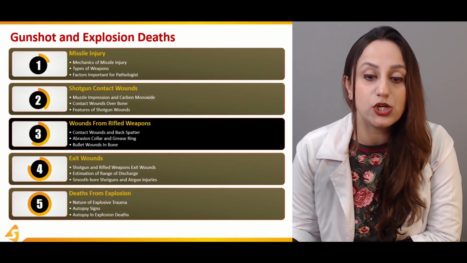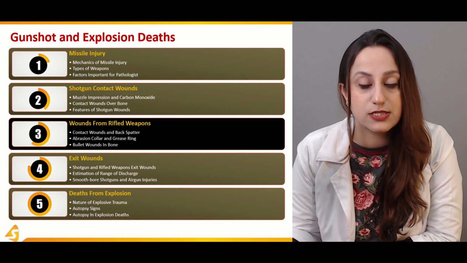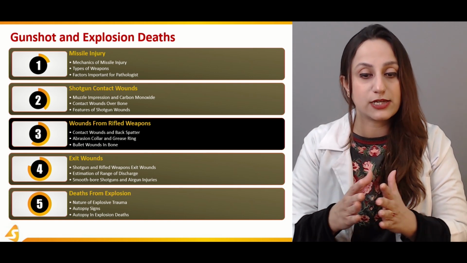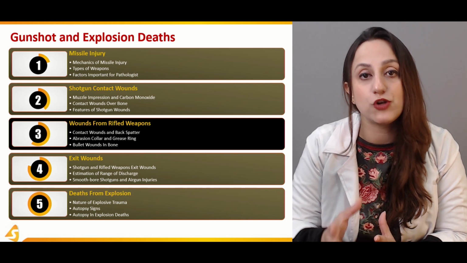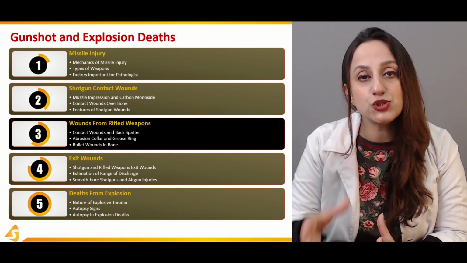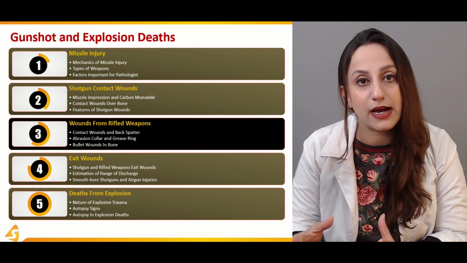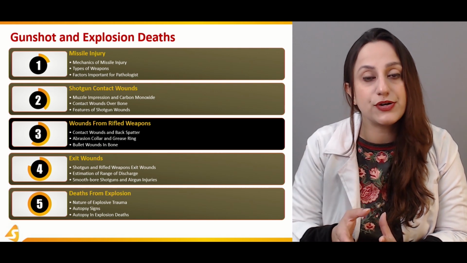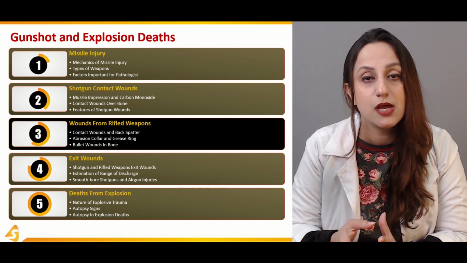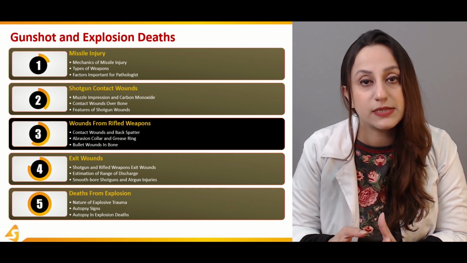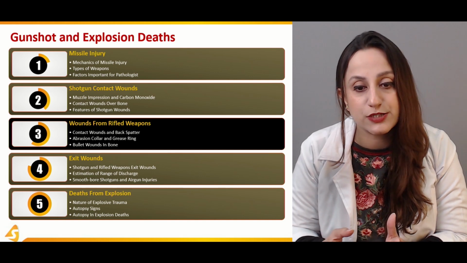Now, talking about the contact wounds and the back spatter. In this section, we'll be dealing with this back spatter phenomenon. It's basically a phenomenon when the tissues as well as the blood enter the shotgun or the rifled firearm with the back splatter. It is going to be known as the back spatter phenomenon.